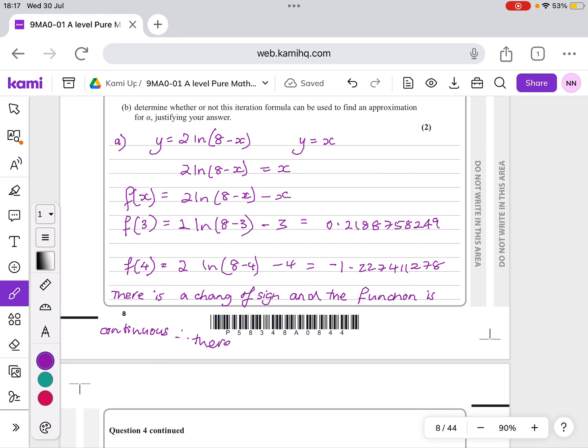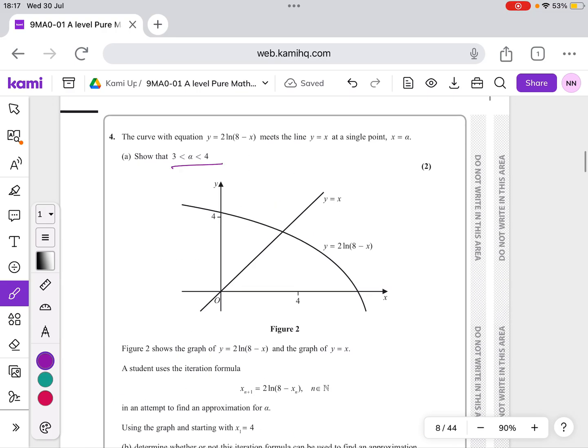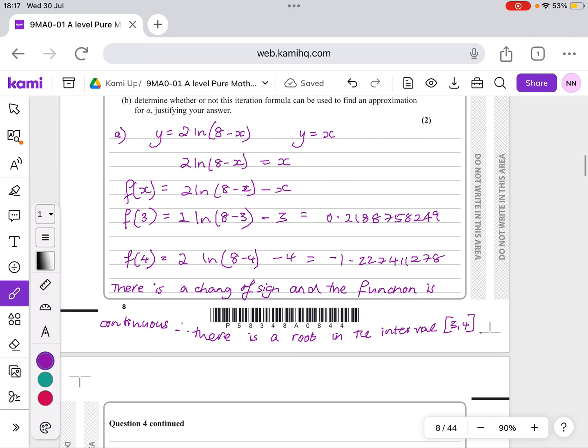Therefore, there is a root in the interval (3, 4). Now square brackets like this show you that it's an interval and equal and up to, and no, not equal to 3 and 4, because that's what they said, wasn't it? Between. There you go, between 3 and 4. So that's what that means. So there is a root there.